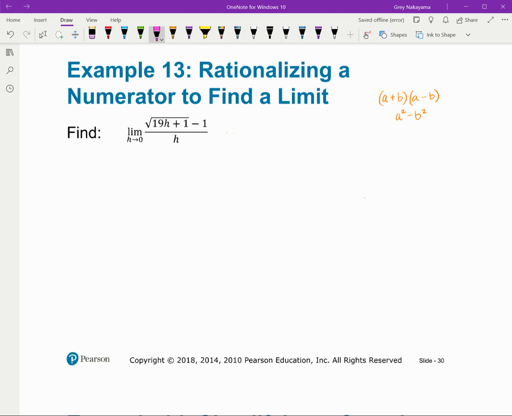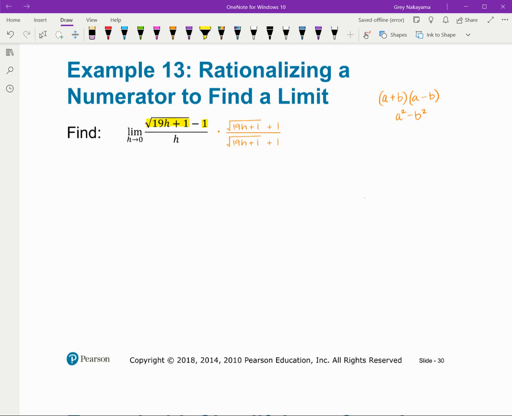So I'm going to multiply, those are called conjugates, and I'm going to multiply by the conjugate of the top. This right here is my a, and this is my b. So I'm going to multiply by the square root of that plus 1 over the square root of that plus 1.